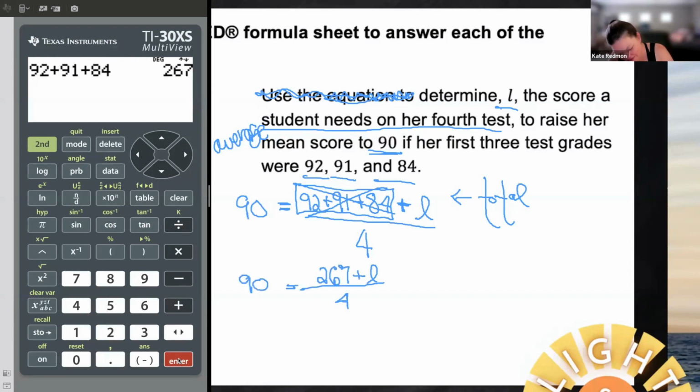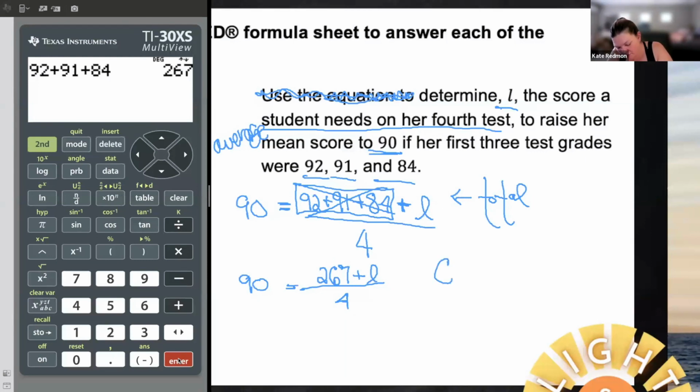And now guess what? Looks like our 2-step equations, doesn't it? They keep coming up. Let's go ahead and solve this sucker. Now, a really common error is students go, hey, Kate, things that are adding and subtracting should go away first. And I say, yeah, except for in the case of groupings.